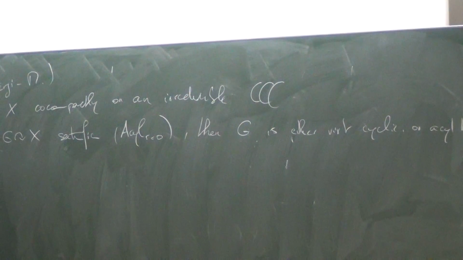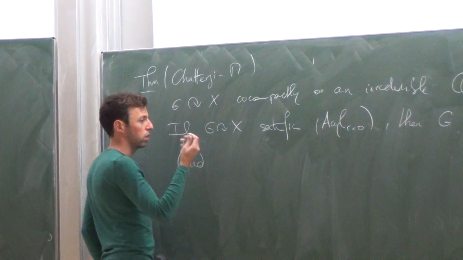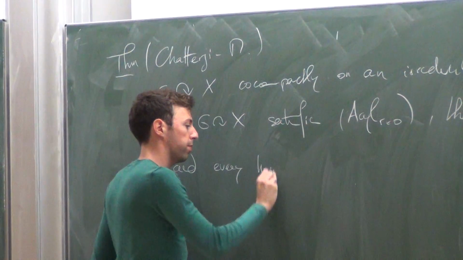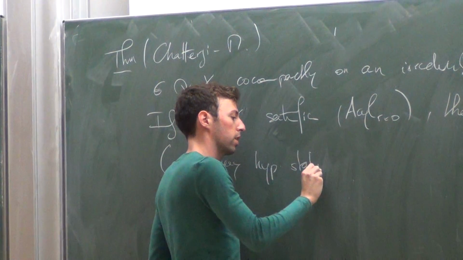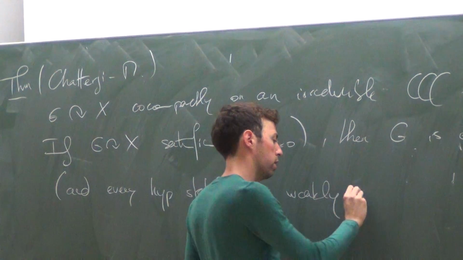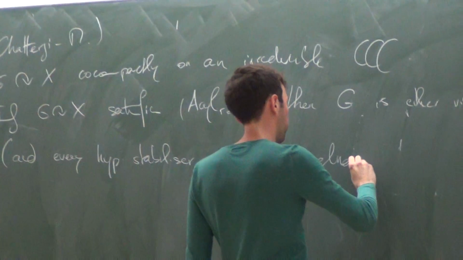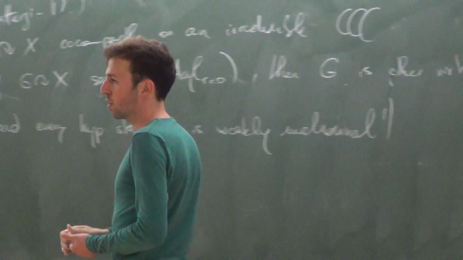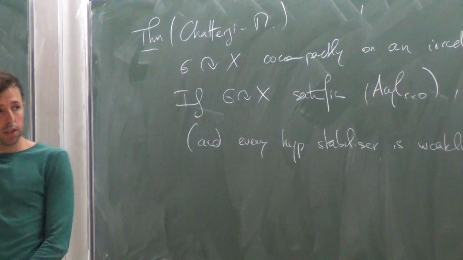And also, as a bonus, every hyperplane stabilizer is weakly non-normal, meaning that it intersects some conjugate along a finite subgroup.